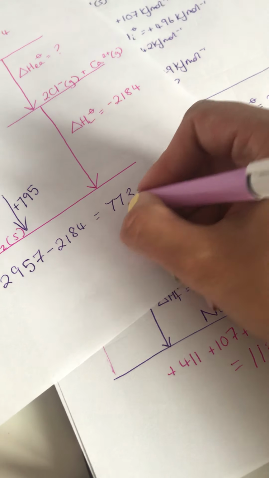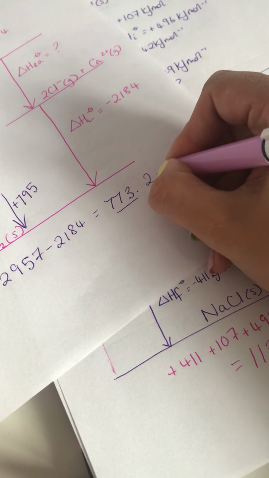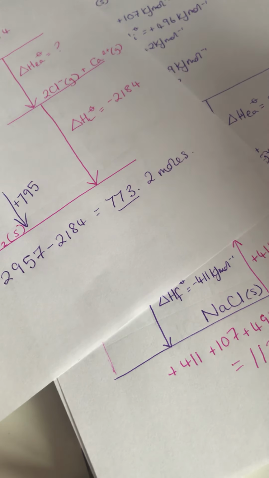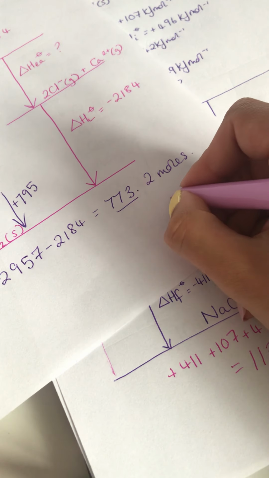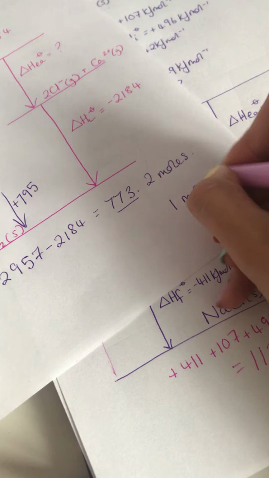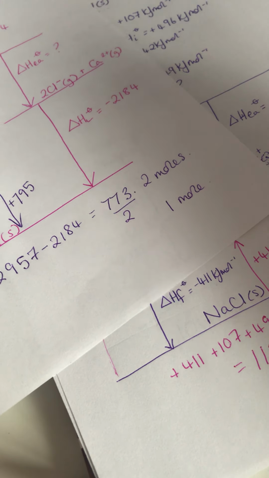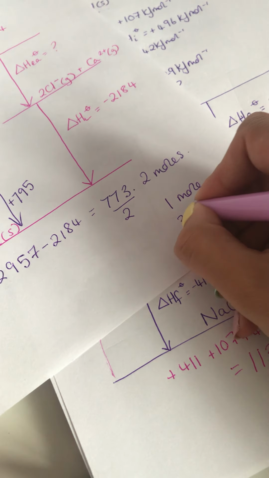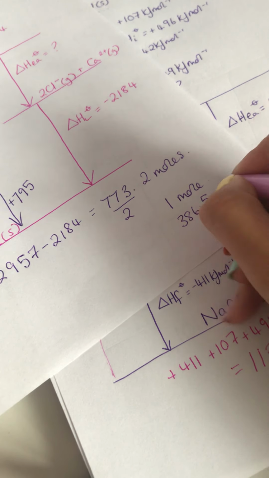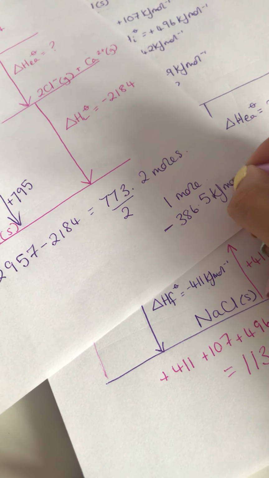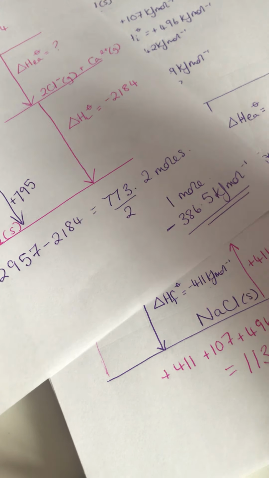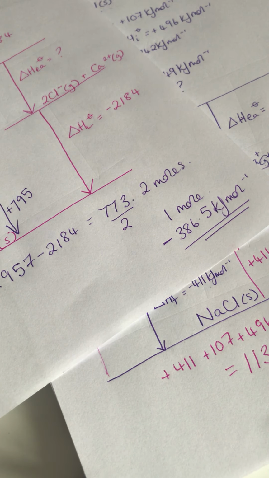So this value is the value for 2 moles. The standard electron affinity should be for 1 mole. So I must divide that answer by 2. Will give me 386.5 as an electron affinity, so it must be minus kilojoules per mole. Well done if you got all the way to that point and that was the only step you missed.